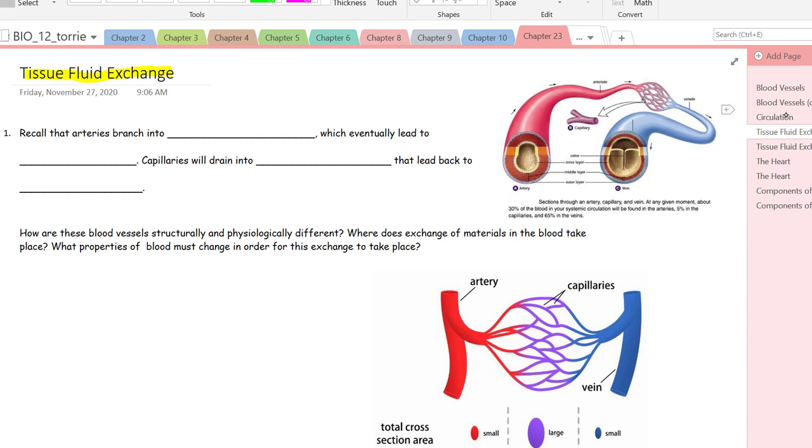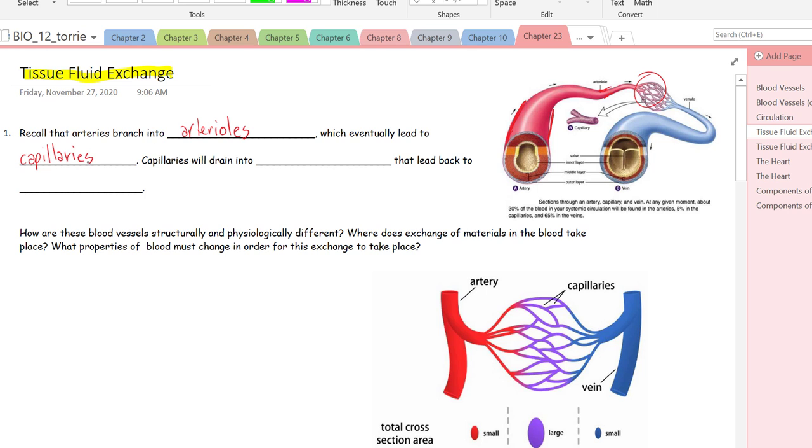So first off, recall that arteries branch into smaller arterioles, right? And so here we can see this is a thicker, much bigger artery, which eventually gets smaller and smaller into an arteriole, and that eventually leads to our capillaries.